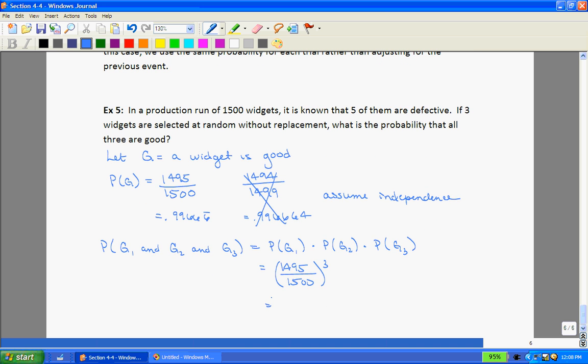It's just that we can save a little bit of time and not worry about such complicated numbers. And I get 0.990033, so rounded to 2 places after the decimal, that would be 0.99. And that is it.